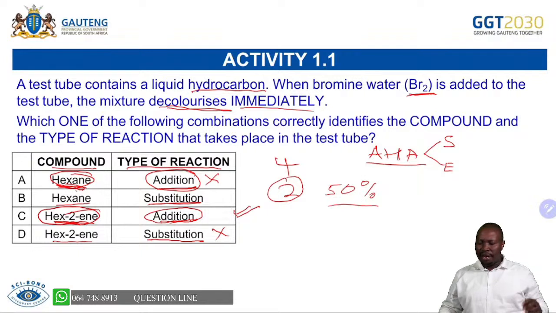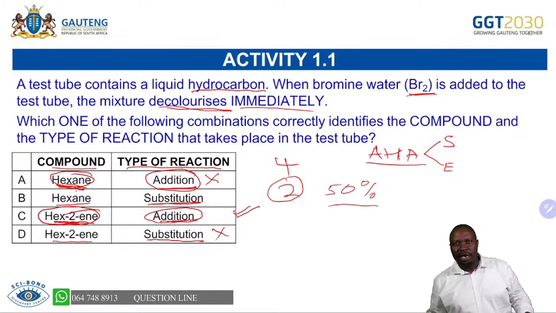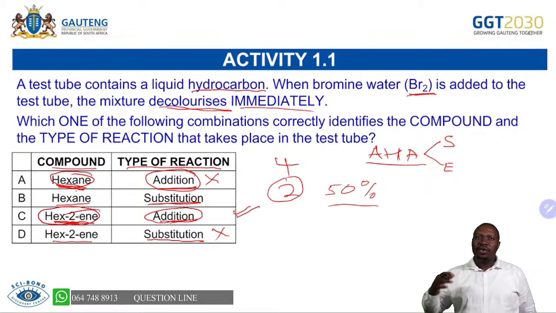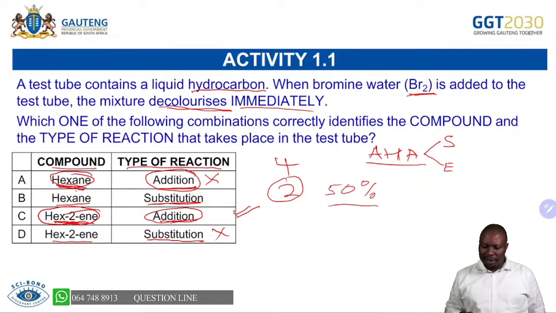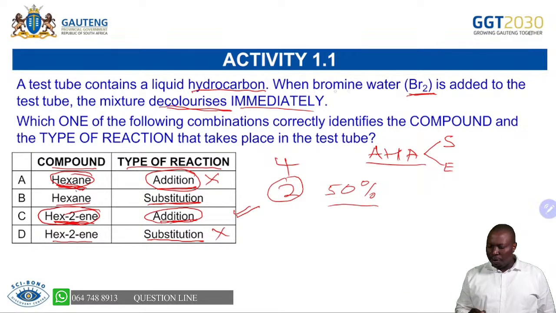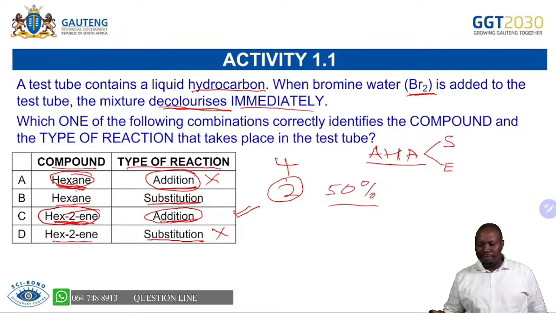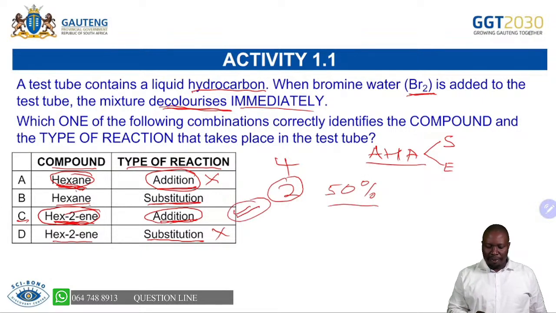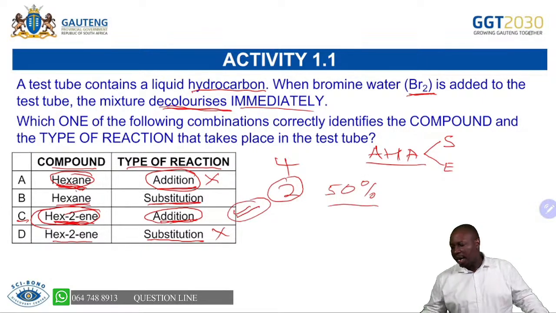So we use the bromine water, and then we are saying there will be a color change from reddish brown to colorless. That's what we're expecting. So they said this bromine water is going to decolorize the mixture already. So you are able to see that definitely C is our correct answer, and we use that to check the presence of unsaturated hydrocarbons.